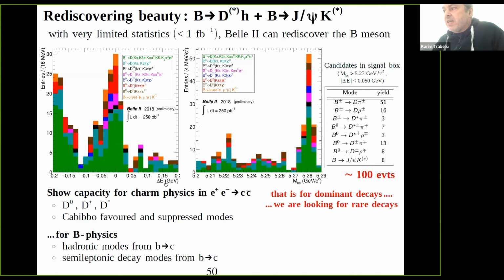And you see, as I promised, with very limited statistics, you will see a peak forming around delta E equals 0 and around this M_bc around the mass of the B, proving that you have this time observed Bs through many of its possible dominant decays here. And that will be the end of the first lecture.